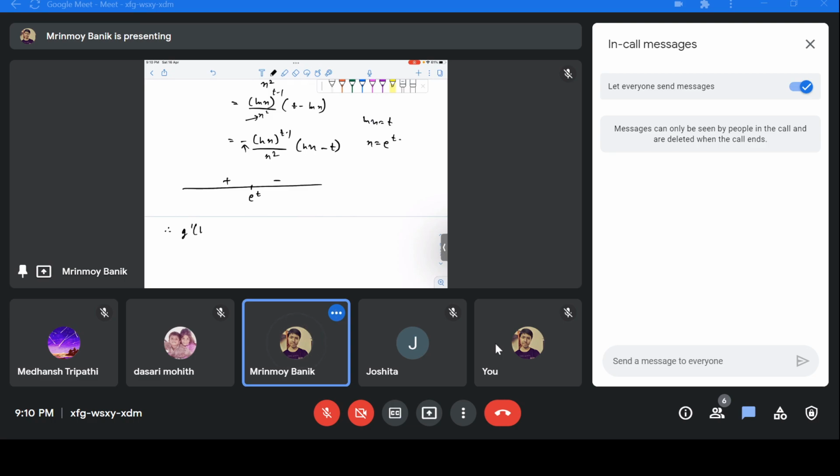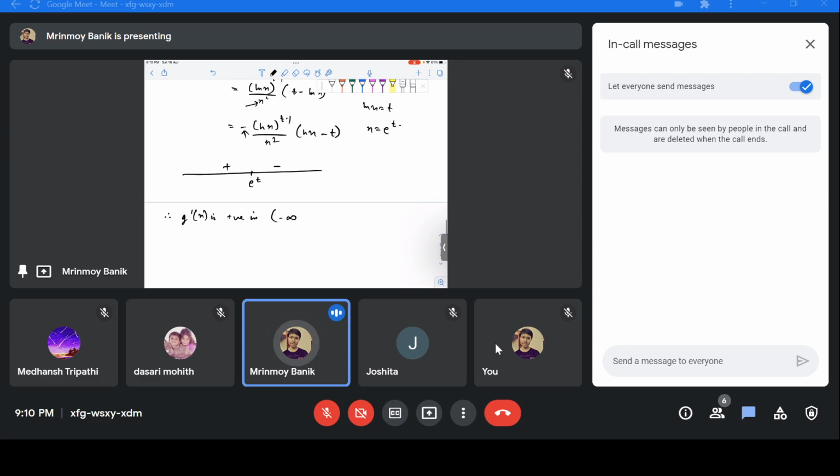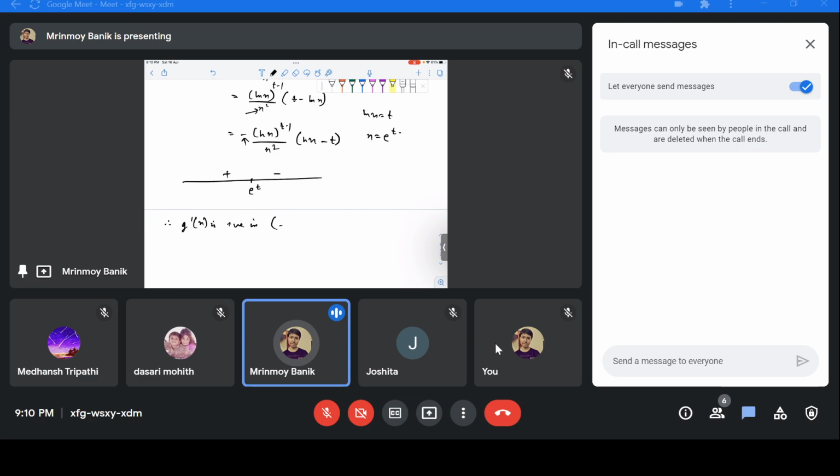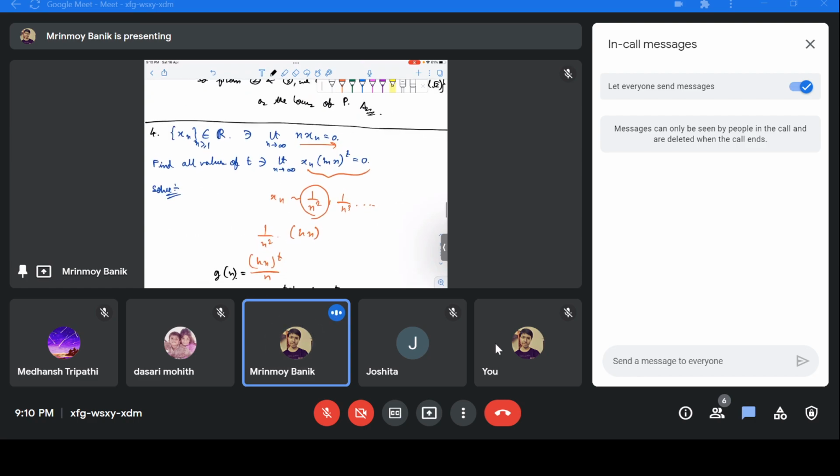So we have, so g dashed n is positive in, we don't need to go as far as minus infinity since log is not even defined there. And 0 to 1, is anything mentioned about the domain here?